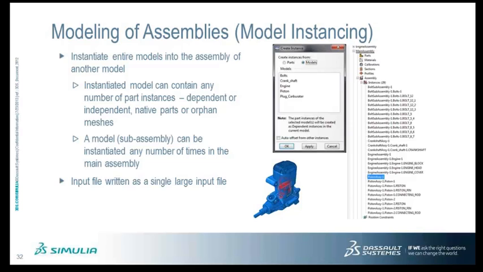When we bring in the materials, we prefix the material name to help you understand which subassembly those materials were brought in from. Similarly, the part level and engineering level features are also brought in. However, the history level features such as loads, boundary conditions, and engineering features are not brought in, and they need to be recreated in the newly created assembly.